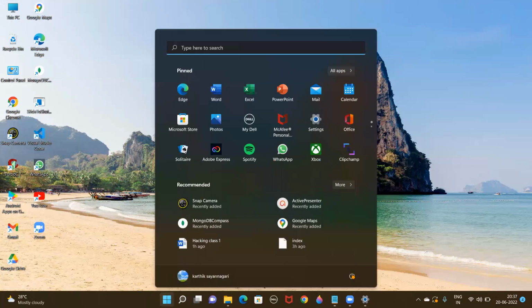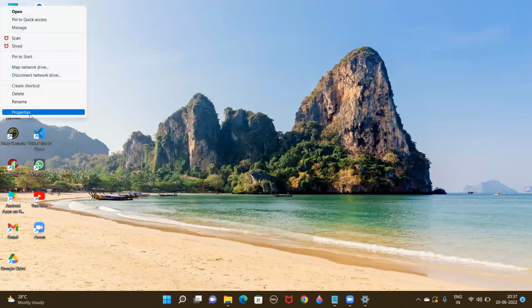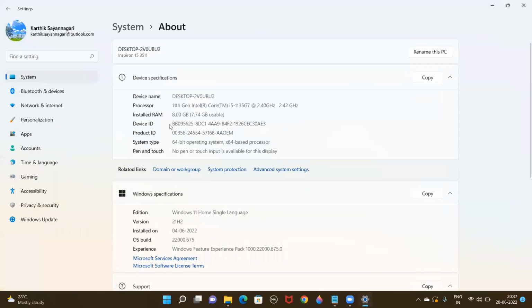Okay. So now, when it comes to my PC, I have 8 GB RAM. So this is my system properties. I have 8 GB RAM, and my processor is an Intel Core i5, 11th generation, and the system type is a 64-bit operating system.